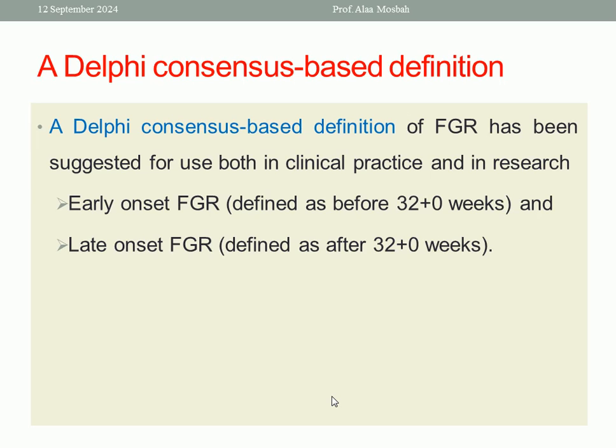If fetal growth restriction happens before 32 weeks gestational age, this is early onset. If it happens after 32 weeks, this is late onset fetal growth restriction. Of course, which one has a poor prognosis? The early onset fetal growth restriction. Okay?